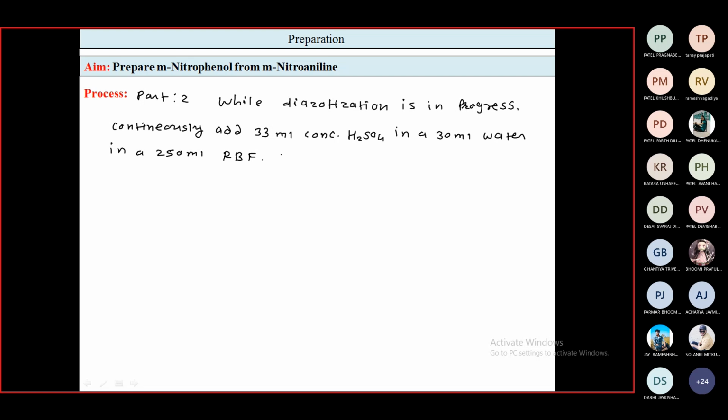Heat the mixture solution during 15 minutes.